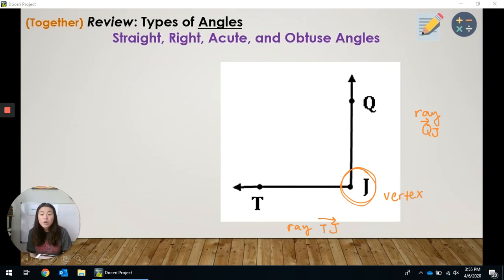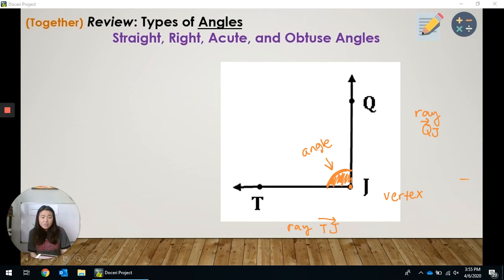So J is not only a point, but it's a special point called a vertex. And so this place where they come together, this space in between, from this ray to this ray, this space right there is the angle. That's where the angle is, right?